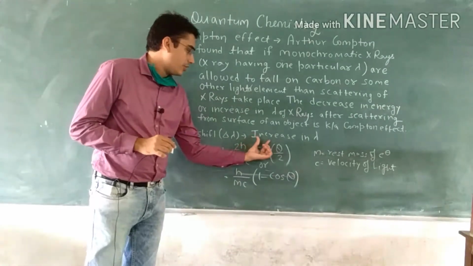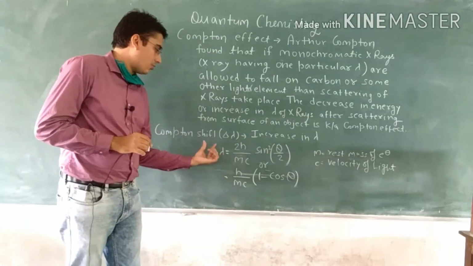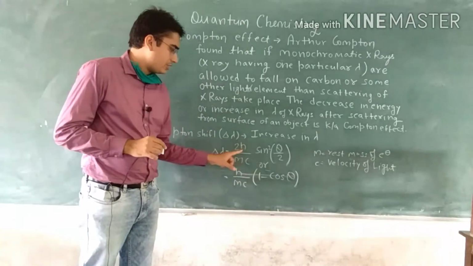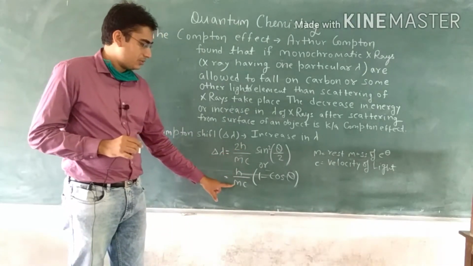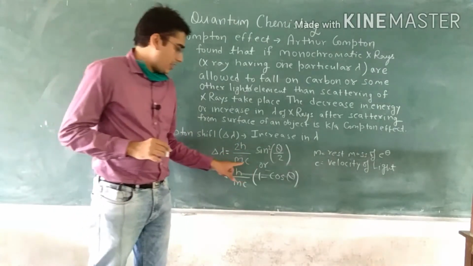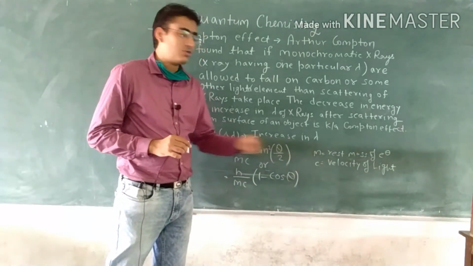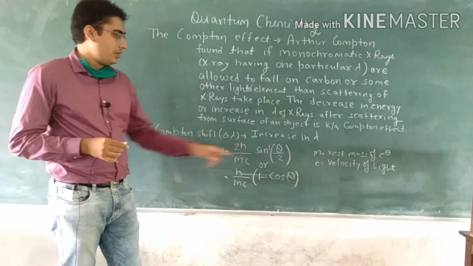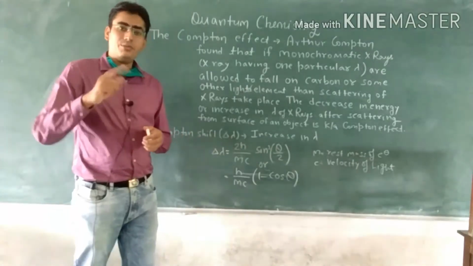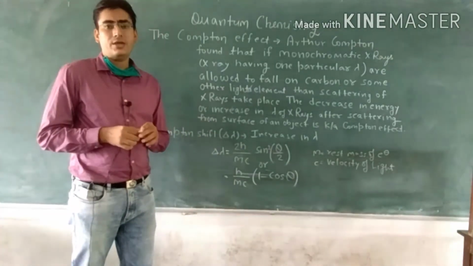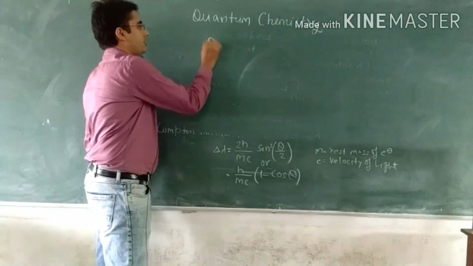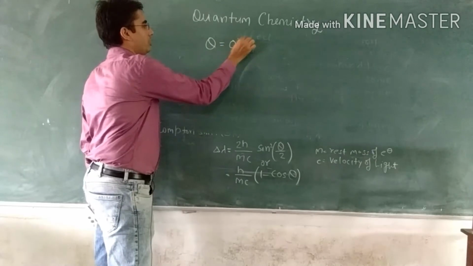It is given by the Compton shift equation, which is written as this, and this equation can also be written as this. Here m is the rest mass of the electron, c is the velocity of light, and theta is the angle between the incident X-ray and the scattered X-ray. Now we take theta as 0 degrees.